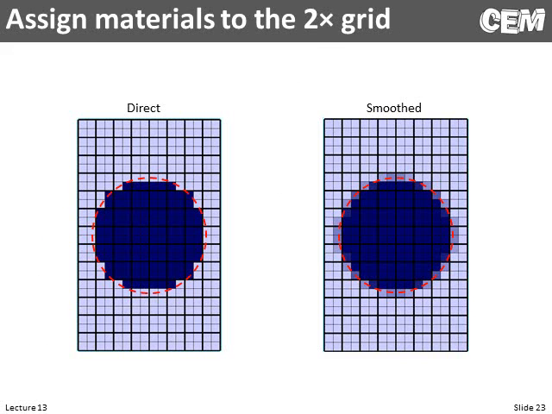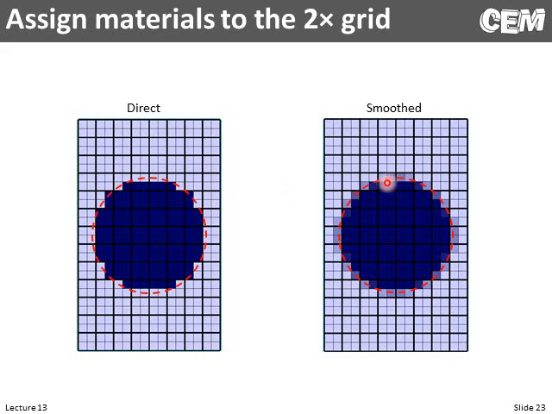Okay, so we calculated our 1x grid parameters. We then very quickly calculate our 2x grid parameters. Now it's time to assign materials to that 2x grid. And we mentioned before that we could actually use one of two ways. One where we just throw in any kind of material values, just either as material or not, and this is the easiest.